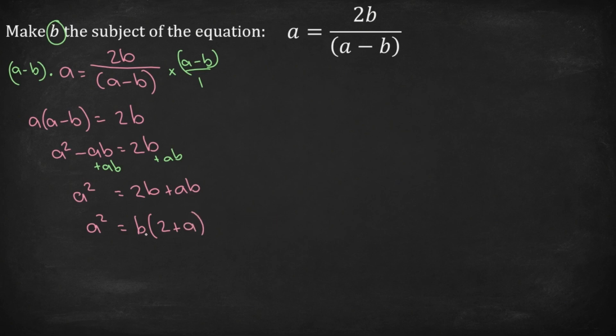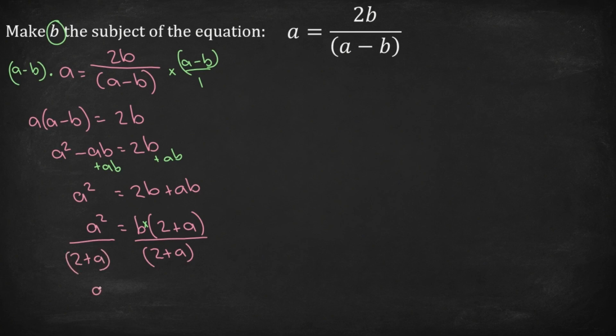Okay, now b is nearly on its own, but not yet. What is happening to this b? Yes, this b is multiplied by this bracket. So we have to do the inverse operation. And that means I have to divide by 2 plus a. You can write it in brackets if you want to. And what you do on the one side, you have to do on the other side.